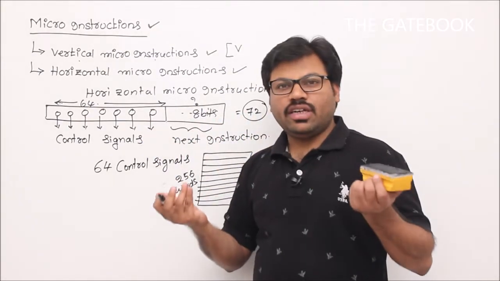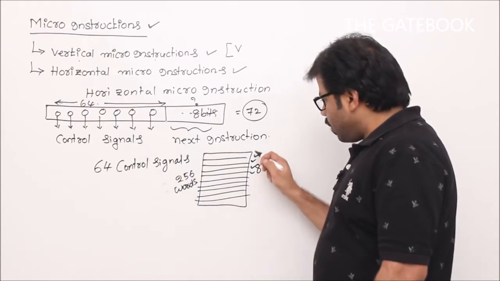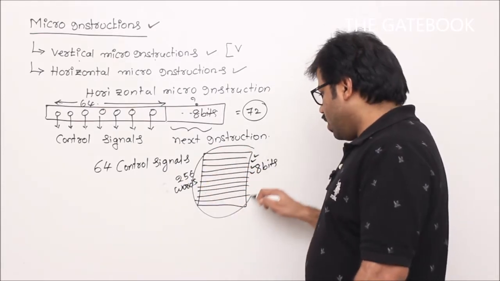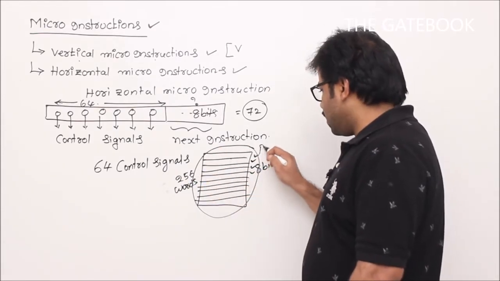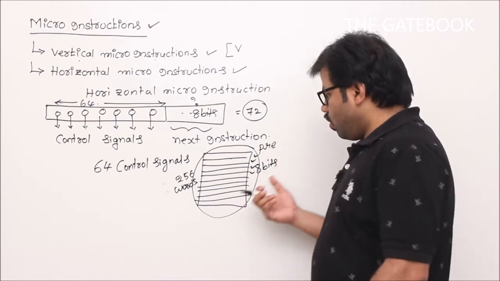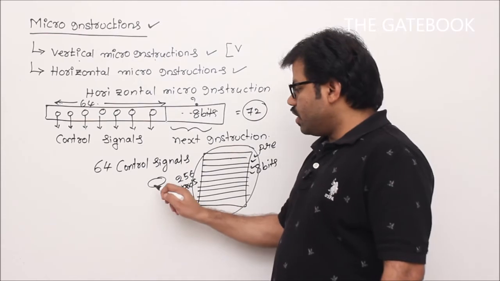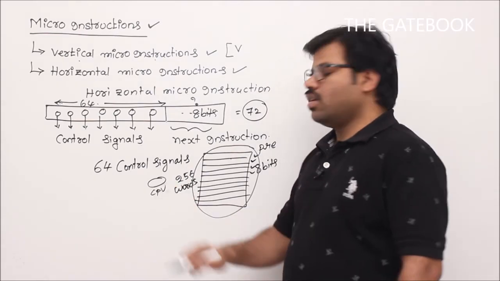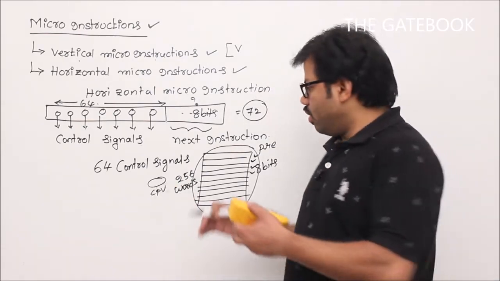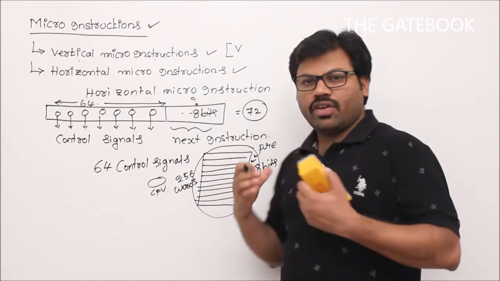If we can reduce it, then we can reduce the space of this memory, because this memory is precious. We are going to embed this entire memory in a small chip which is close to the CPU.